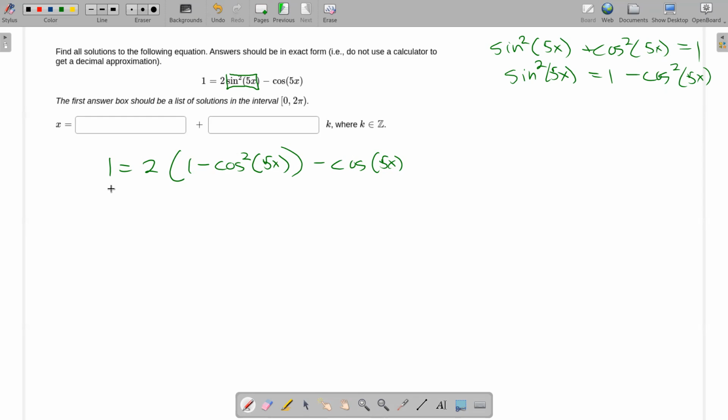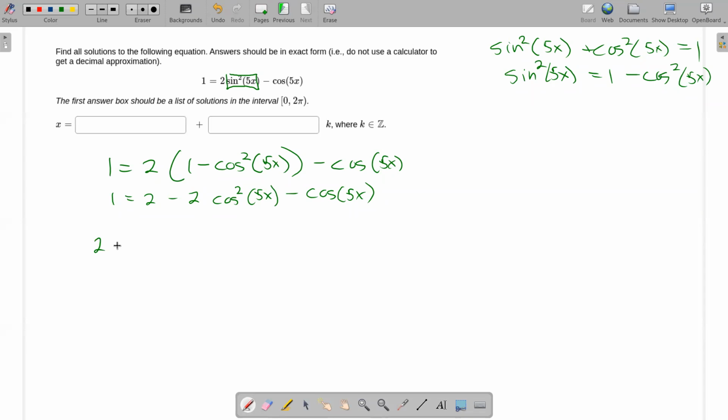Distribute the 2 through here, so 1 equals 2 minus 2 cosine squared 5x minus cosine of 5x. And then I'm going to take everything over to the left side. I always like my squared term to be positive, so I'm going to add that over.